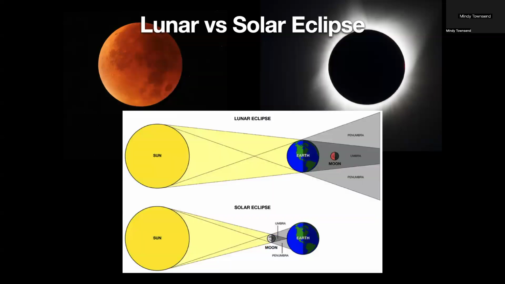So let's go back to the schematic for a second and examine it a little more closely. A lunar eclipse happens when the shadow of the Earth blocks the light from hitting the moon. So this means that the moon for a lunar eclipse is always in its full moon phase.